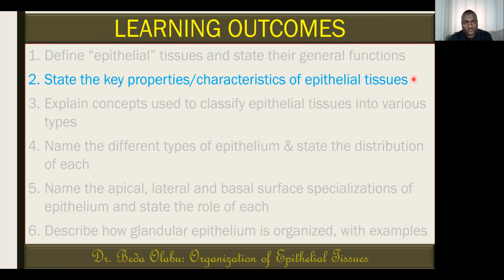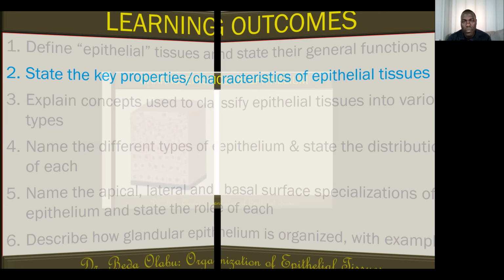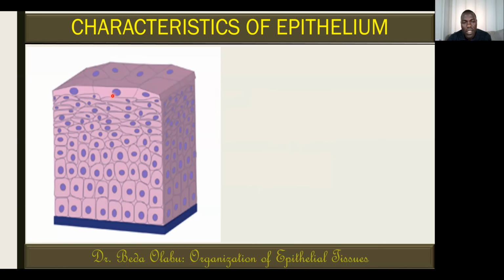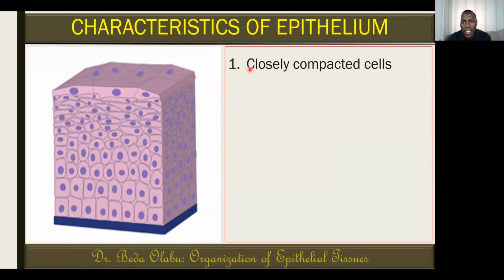We are going to go to the second objective, which is to talk about the key properties or characteristics of epithelial tissues. So this is how epithelium would typically look. The most fundamental property of epithelial tissues is that the cells are closely packed.